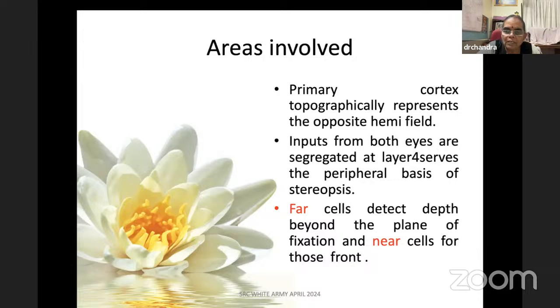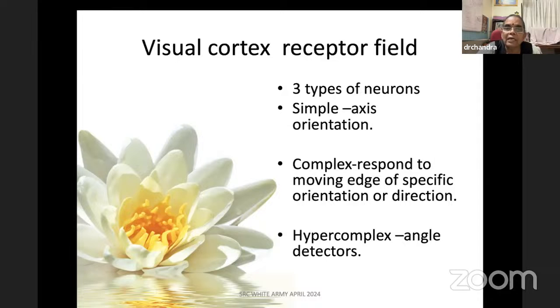And far cells detect depth beyond the plane of fixation, and near cells for those in front. So the cells which detect the far away placed objects are called far cells. And the ones which detect the objects which are close to our eyes are called near cells. They are named like that. And these cells judge the depth and form a three-dimensional percept.